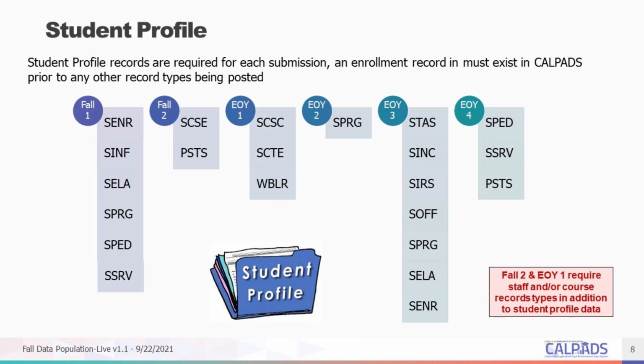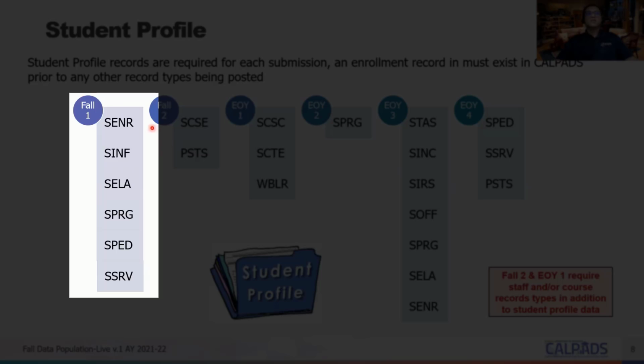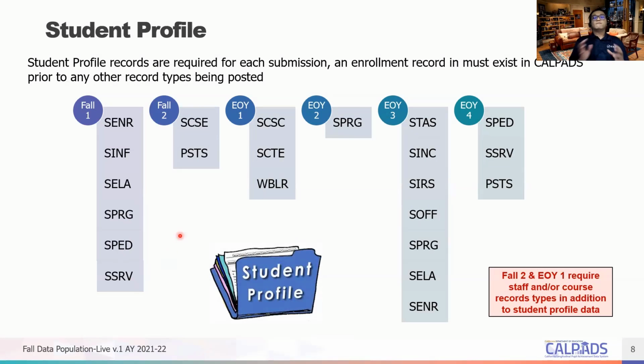So part of Fall 1 is establishing the student profile. As you can see here, the student profile is composed of the SENR file, the SINF, SELA, SPRG, SPED, and SSRV files. These are the core files, basic files that you have to establish at the start of the year to gain ownership of a student and to be able to submit succeeding files throughout the academic year, throughout all the different submissions.